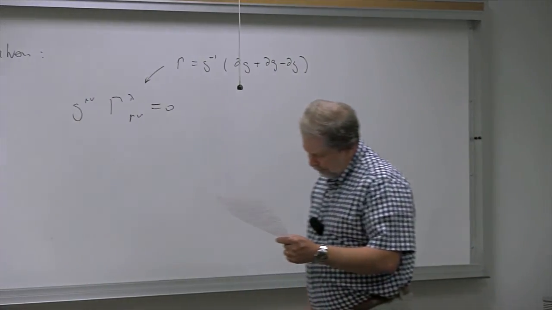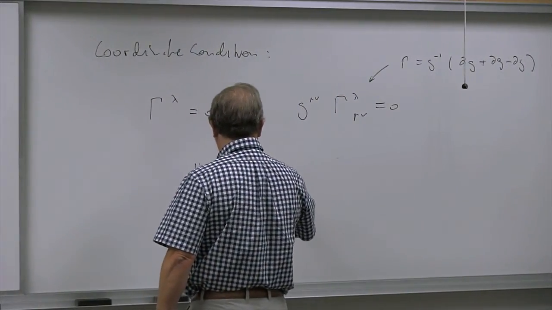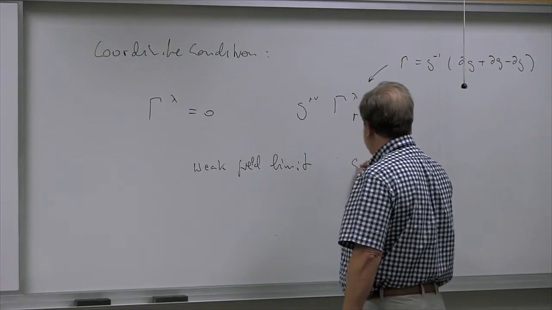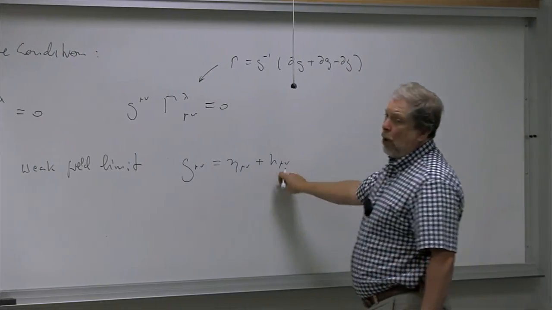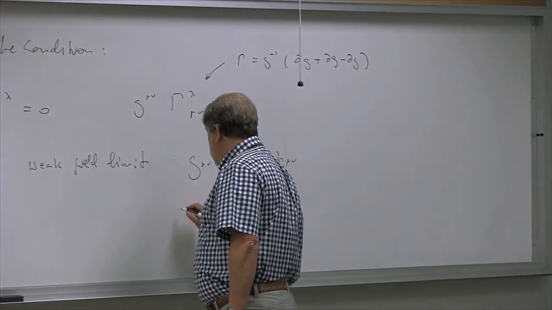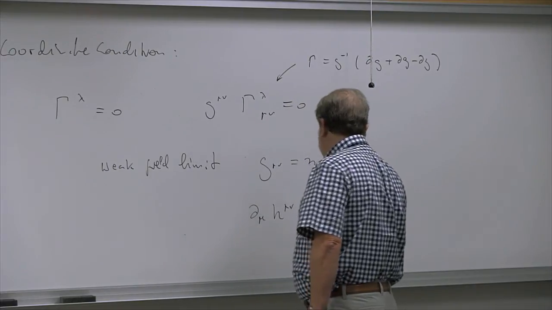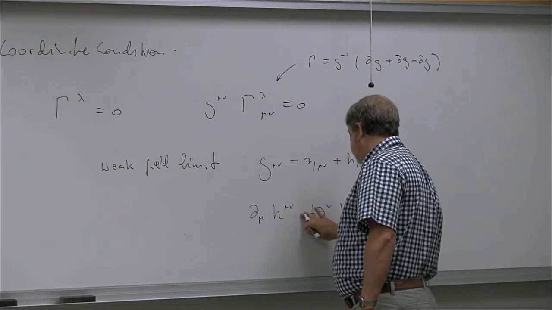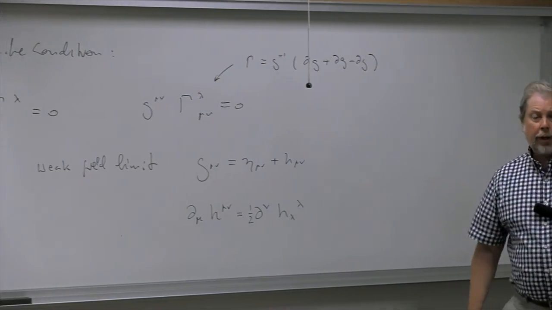But it turns out that if you look at the weak field limit, so again, you write g mu nu is equal to eta mu nu plus h mu nu, where h mu nu is small, then in that limit, by using the definition of the affine connection, you just get that this is the same as d mu h mu nu is equal to d nu h lambda lambda times 1/2, plus terms which are of higher order in h.